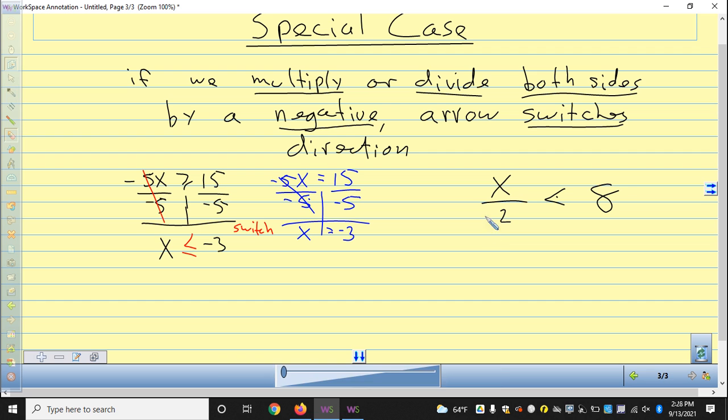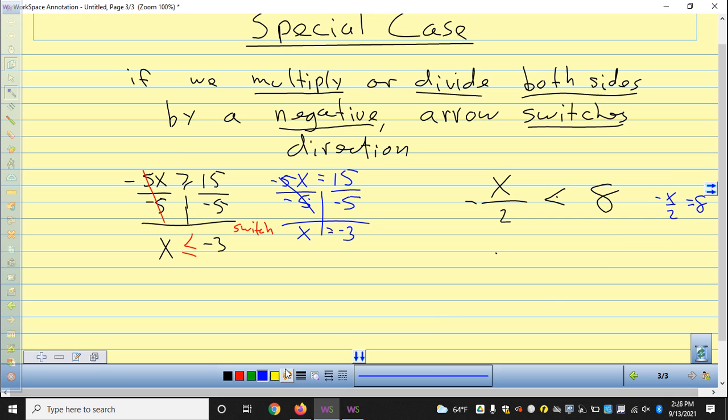This would also be written as negative x over 2 is less than 8. So if we had negative x over 2 equals 8, how would we get rid of this -2 here on this equation? How do we get that out of the bottom?